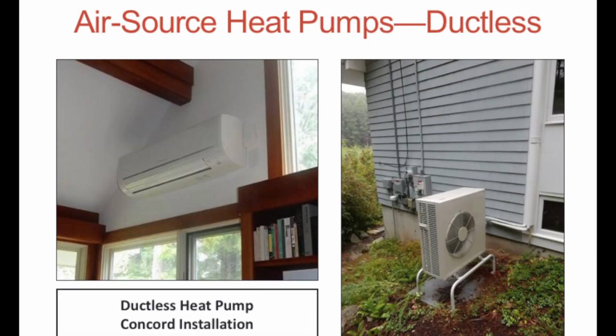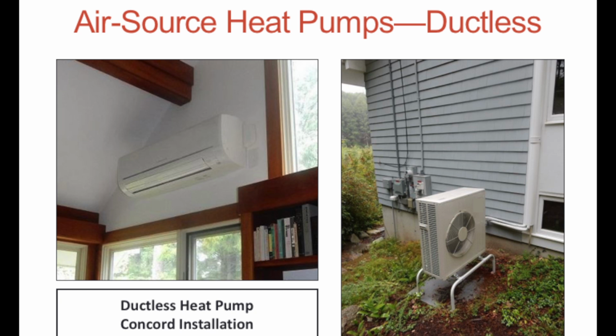In this next slide, we'll show a couple of examples of air source heat pumps. There are really two varieties, as we introduced in the introductory video. The first is a ductless heat pump, and in this figure you can see an outdoor unit shown outside the home, mounted on a platform to keep it above the snow.